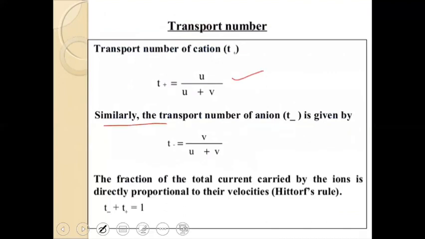Similarly, the transport number of the anion is indicated with T minus. So T minus is equal to V by U plus V. Here the fraction of the total current carried by an ion is directly proportional to its velocity.